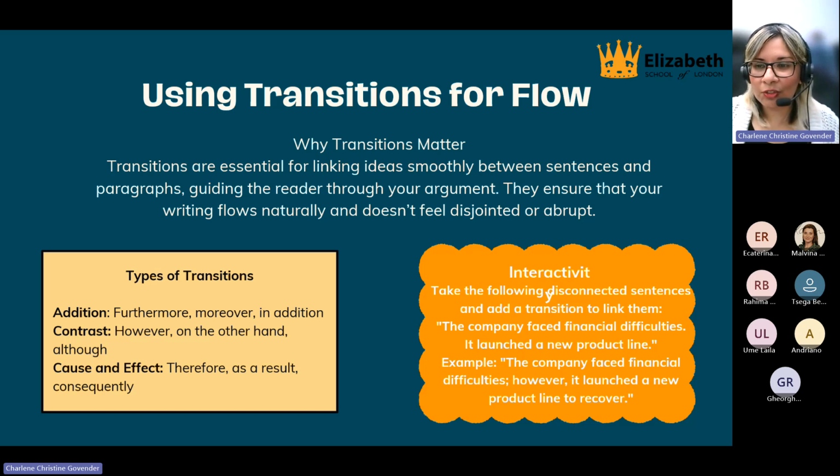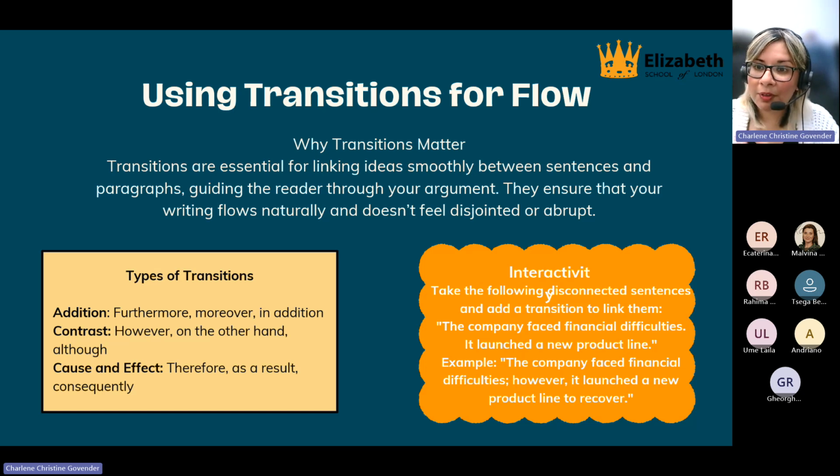We want our writing to be flowing, smooth, so that the lecturer, when marking our assignments, understands perfectly well what we are saying. Okay, so in order to show understanding, we'll use transition words. They'll be between our sentences and between our paragraphs. So they make sure it flows naturally and doesn't feel disjointed or abrupt.